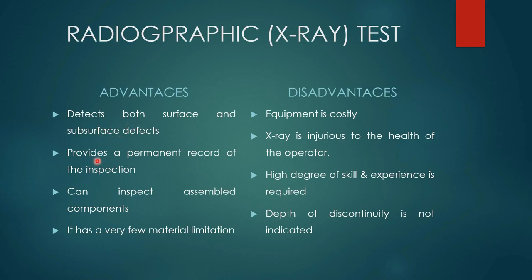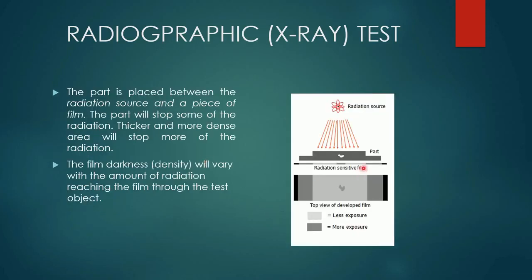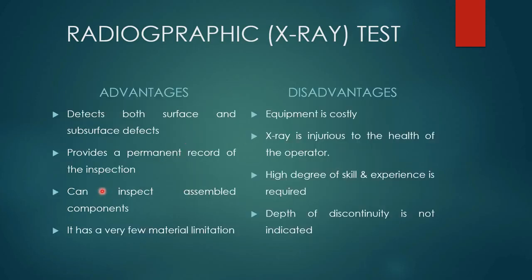Point number 2, it provides a permanent record of the inspection because it is recorded on this particular film, so it will be a permanent record. It can inspect assembled components. And the last point, it has very few material limitations.